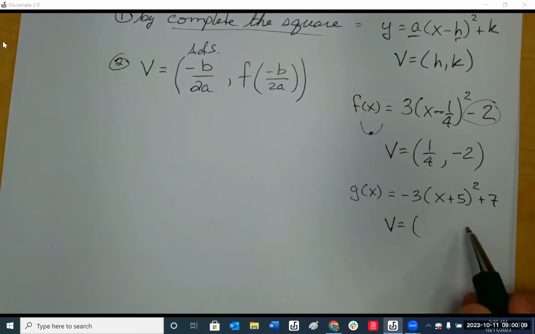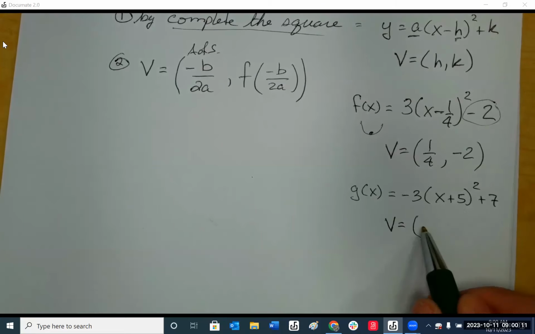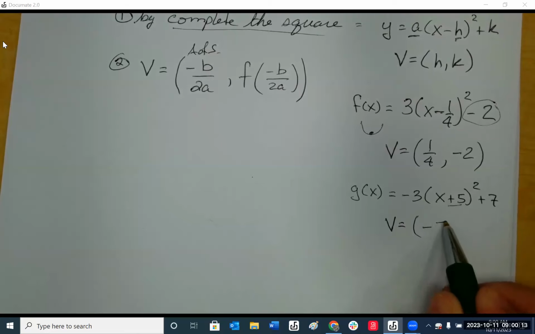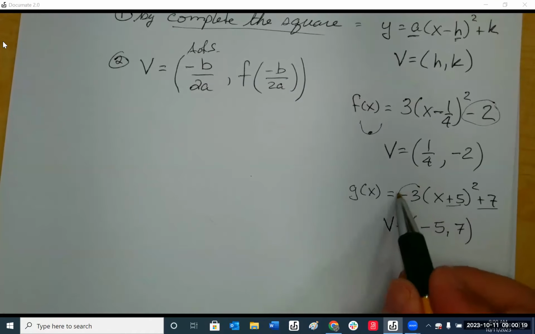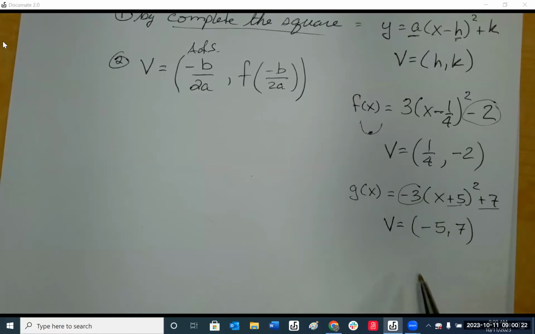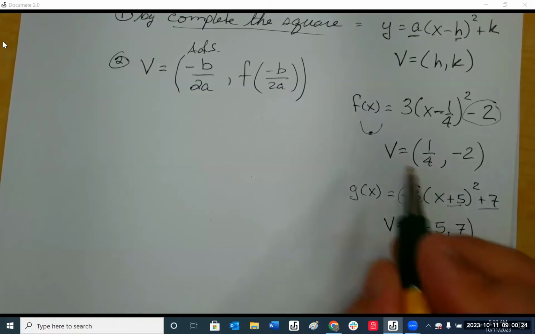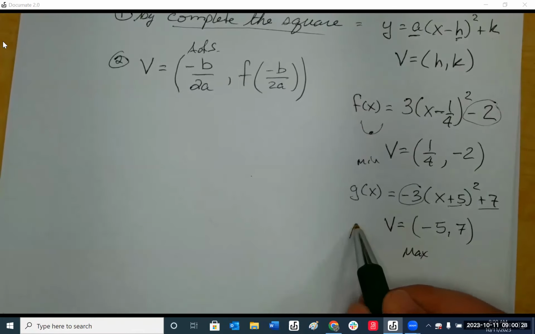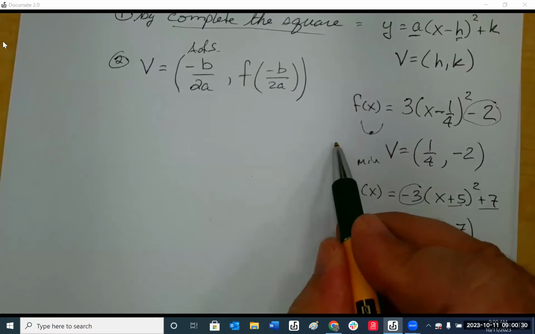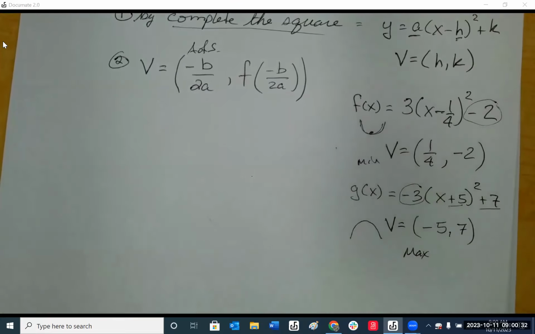So what's the vertex? Negative, because it's always the opposite inside the parentheses, and it is outside. It's negative 5, 7. That's the vertex. A is negative 3, so we have a maximum. So our graph looks like this.